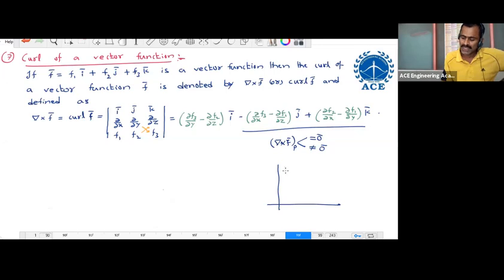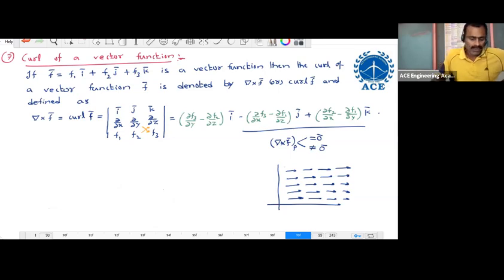Let us suppose the fluid is flowing like this. In this fluid flow, if we want to check the rotation exists or not, we do like this.